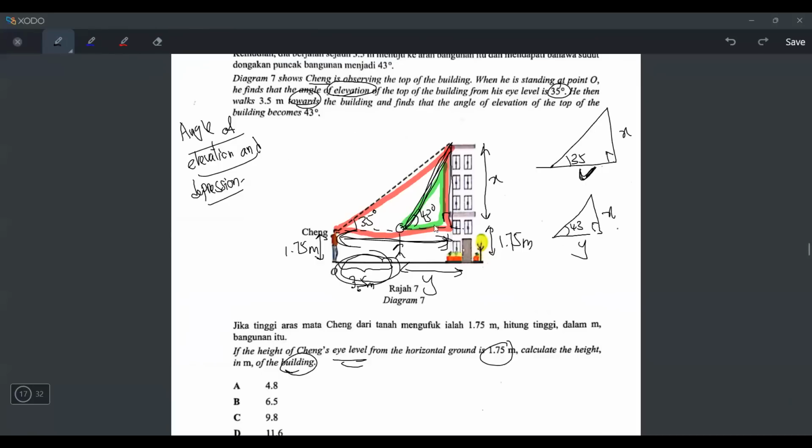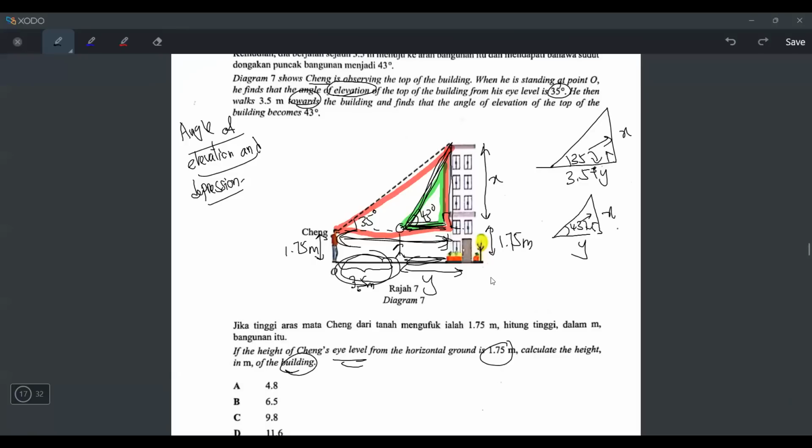Because if you look at the green triangle, if this is Y, the adjacent here will be Y also. And what about the adjacent for the red triangle? It will be 3.5 plus Y, because the red triangle is way bigger, and the bottom line is 3.5 plus Y. Now I will use tangent for both cases, because it's opposite over adjacent.